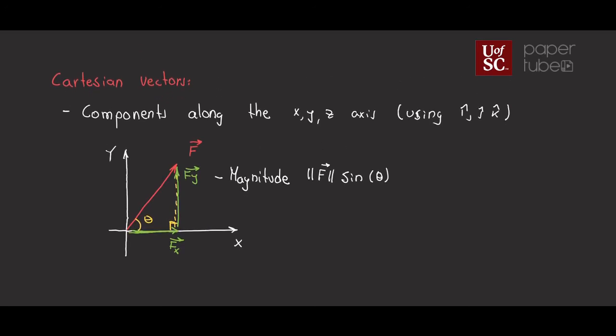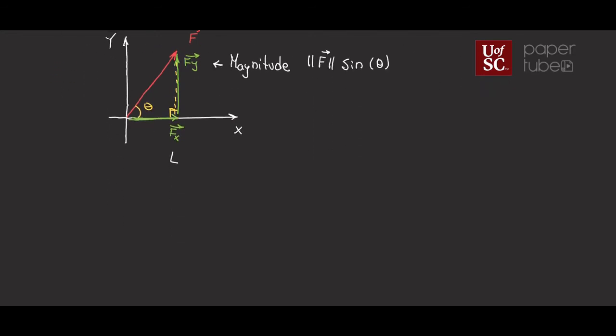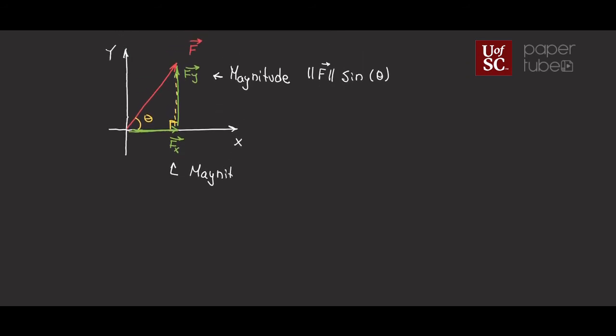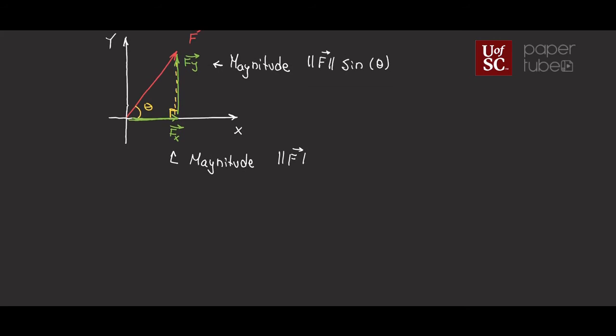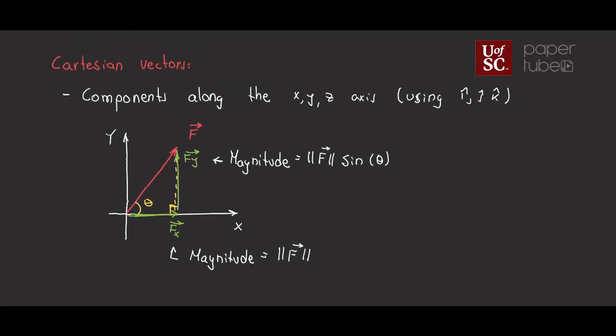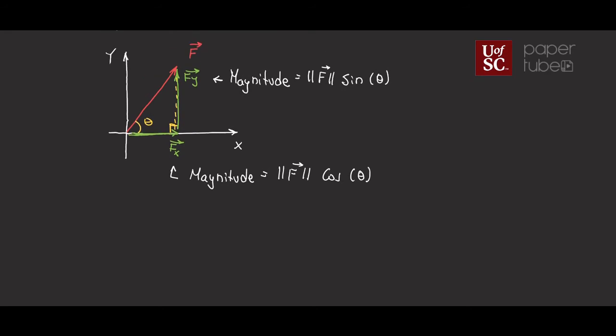If you don't remember sines and cosines well, I do recommend you go back and review this material, because we're going to use it for the rest of the semester. And for Fx, the magnitude is going to be the magnitude of F times the cosine of theta. Very good.